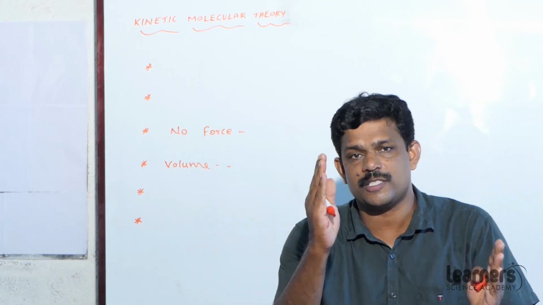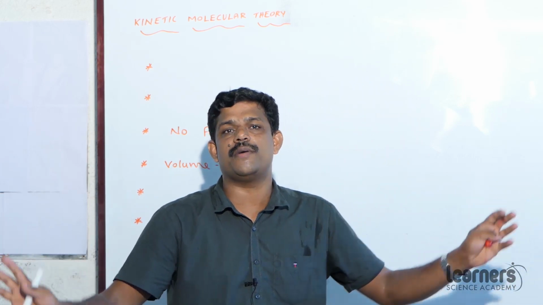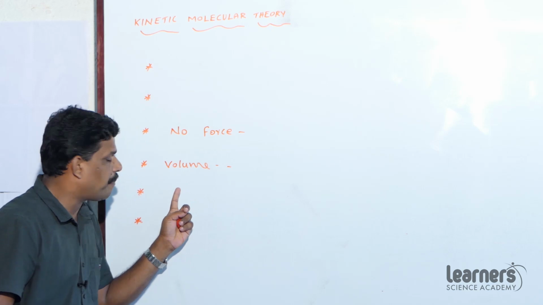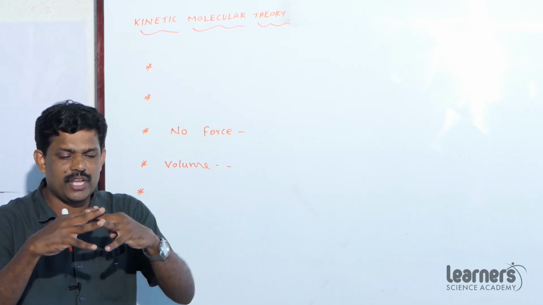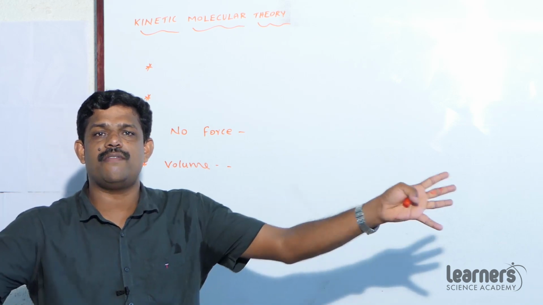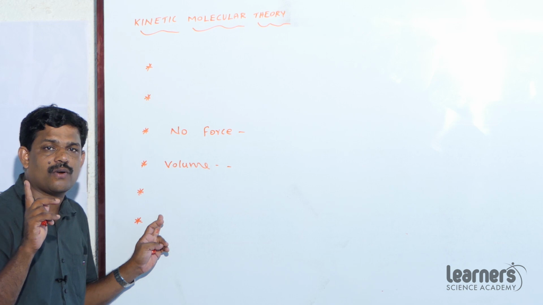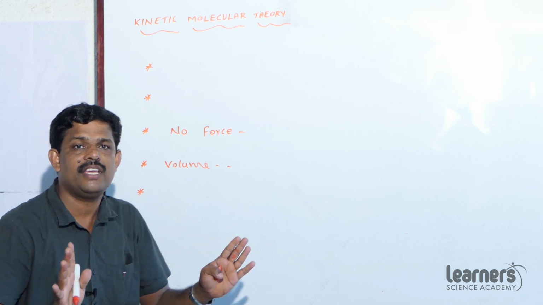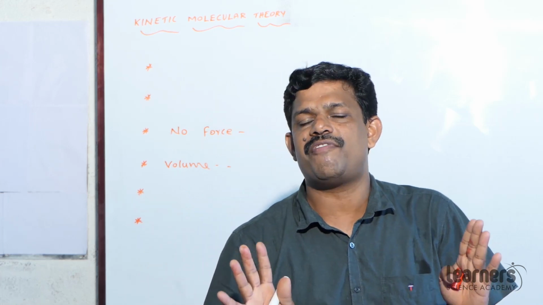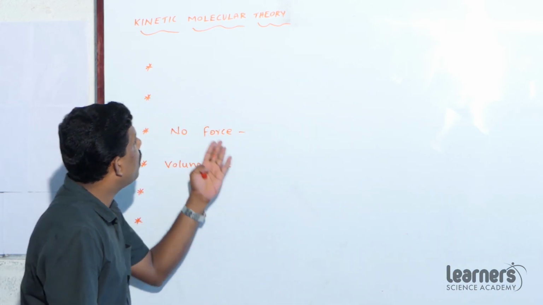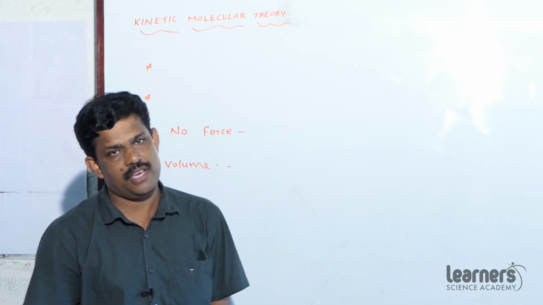Volume of a gas particle is negligible when compared to total volume occupied by the gas. The pressure of gases is due to collision between themselves and with the walls of the container. The collisions of gas particles are perfectly elastic. These are the postulates of kinetic molecular theory of gases.